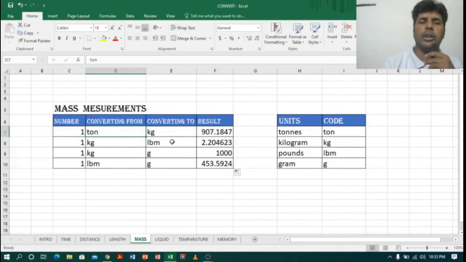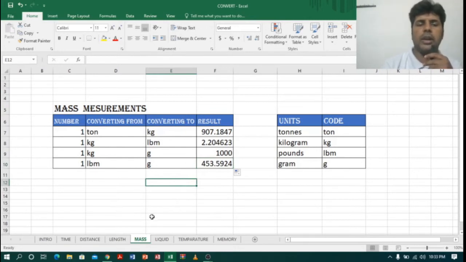Now it is showing 1 ton is equal to 907 point something kg, and 1 kg is equal to lbm, which means pound. So 1 kg is equal to 2.204 pounds. 1 kg is equal to 1000 grams and 1 pound is equal to 453 point something grams. Nice, right? So this is how easily we can convert the values.